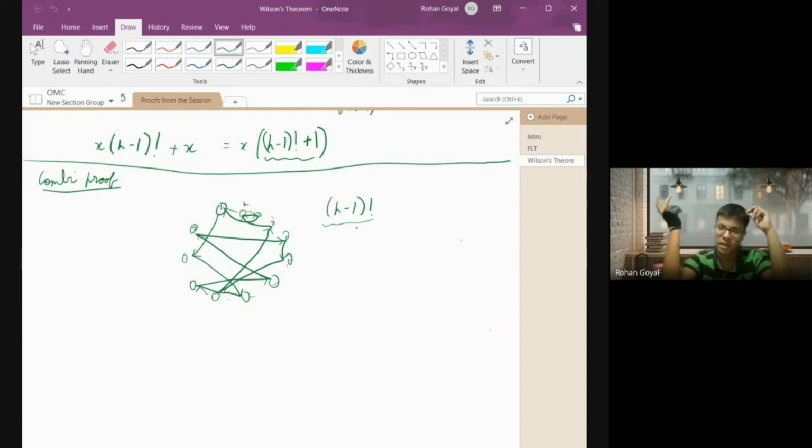We want to consider firstly the paths which do not change under rotation, and then we'll group everything in groups of p which change under rotation.